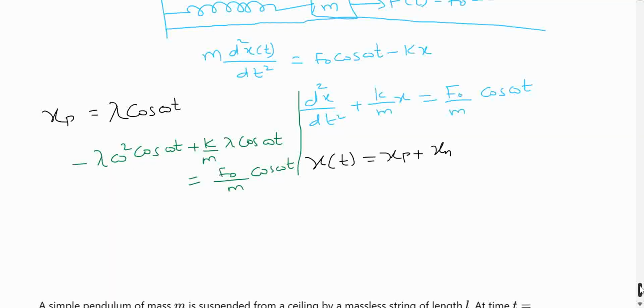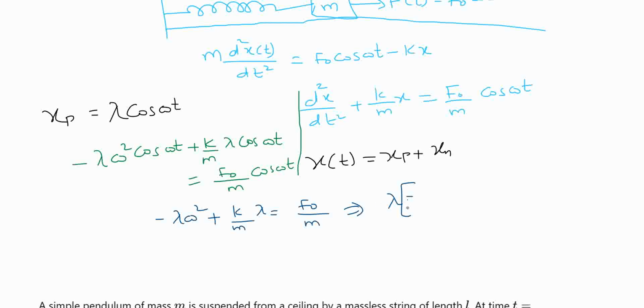On both sides we have cos omega t. So let's remove that. We will get now minus lambda omega square plus k by m lambda is equal to f naught by m. From this find lambda.